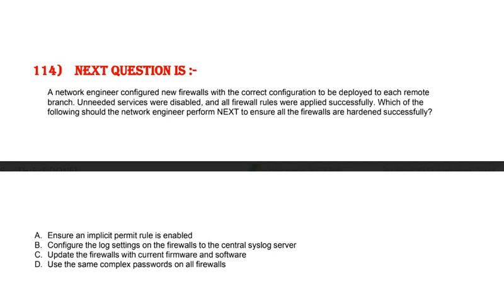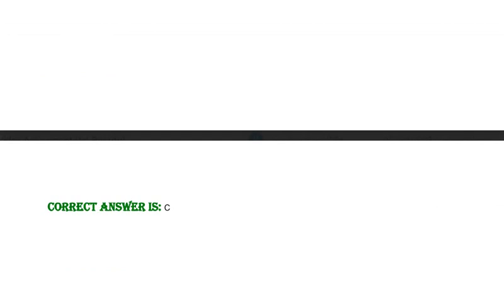Option A, ensure an implicit permission rule is enabled. Option B, configure the log settings on the firewalls to the central syslog server. Option C, update the firewalls with current firmware and software. Option D, use the same complex passwords on all firewalls. Correct answer is option C.